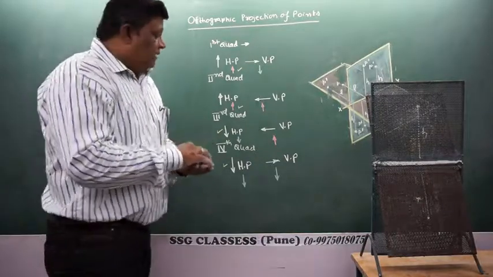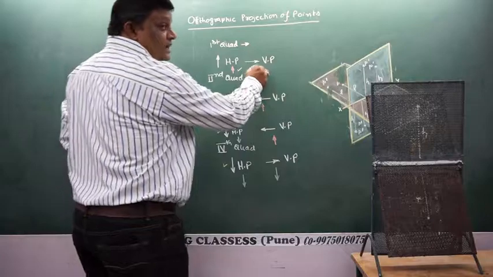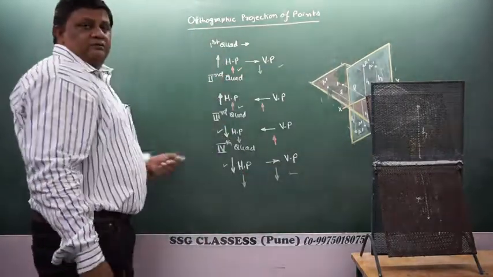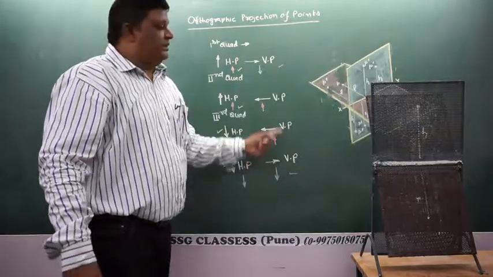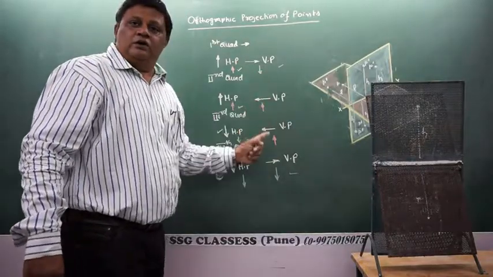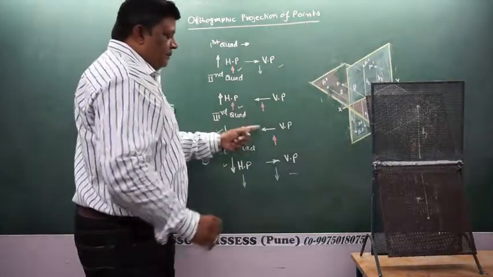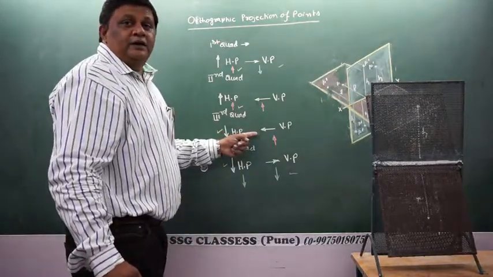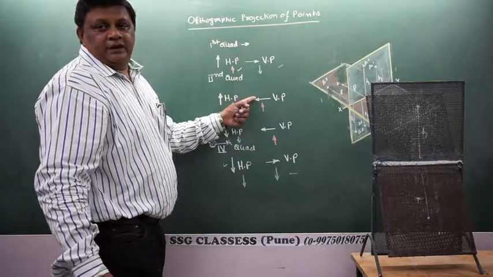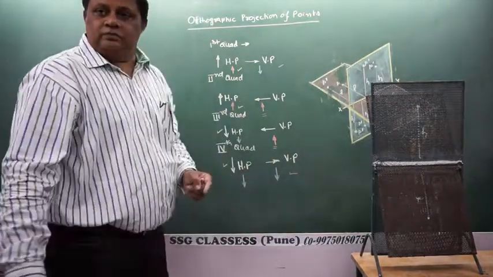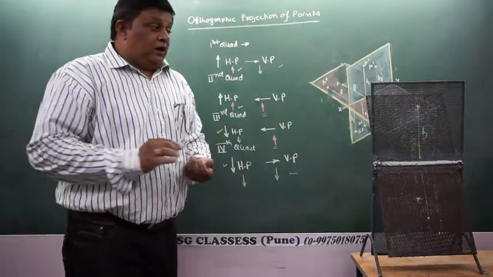Done? And any distance which is in front of VP, first quadrant and fourth quadrant, is seen to me below XY line, whereas any distance behind VP is seen to me above XY line. That is these two places. Am I clear? Okay?